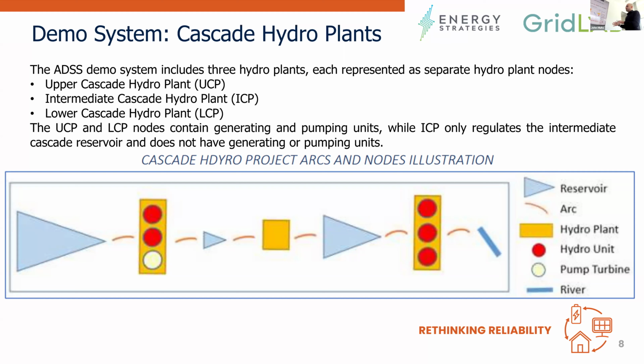Then we go to the intermediate reservoir. We have one intermediate reservoir in the figure, but it doesn't have any generators. It's mainly for regulating the flow between the upper cascade and the lower cascade hydro. Then the water goes to the lower cascade hydro, which has three generator turbines. And at the end, the water goes to the river.